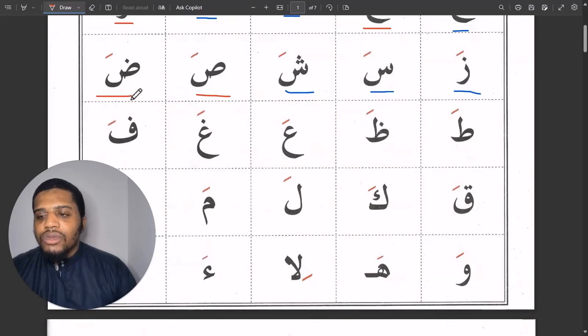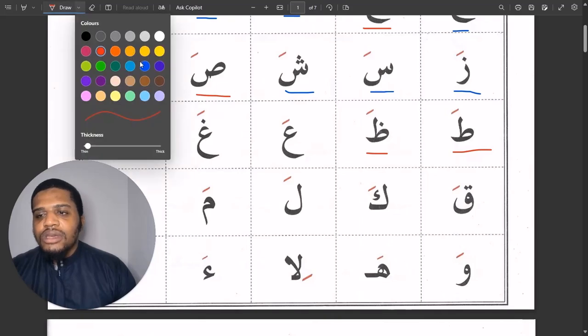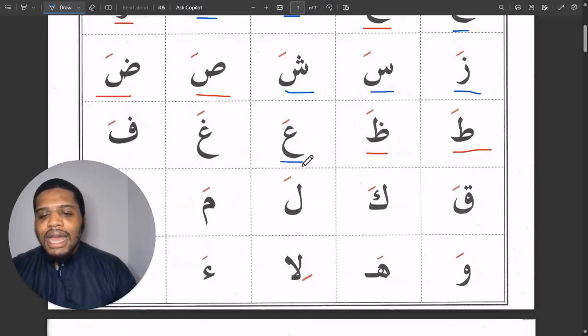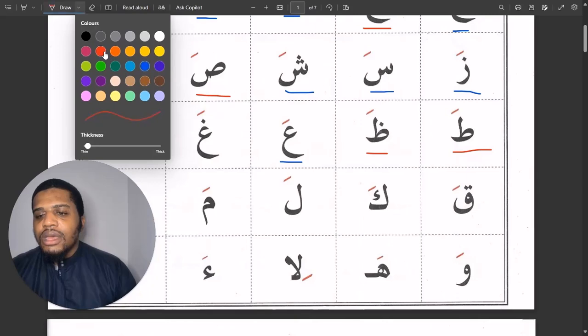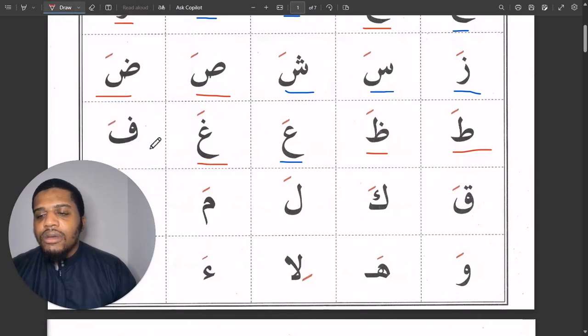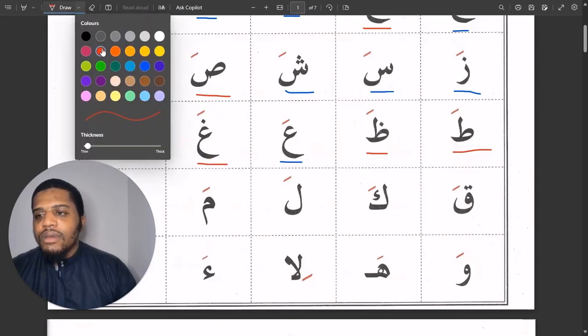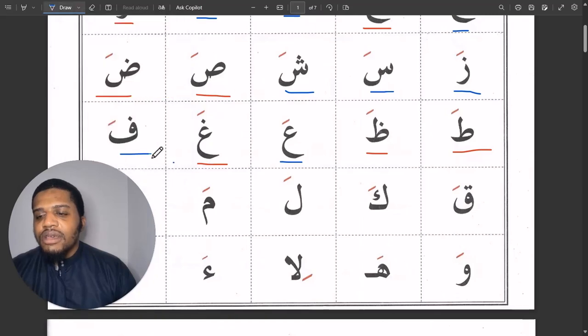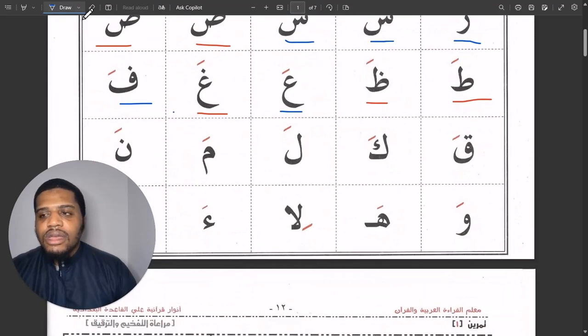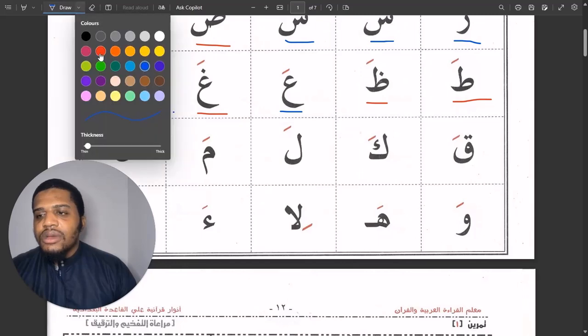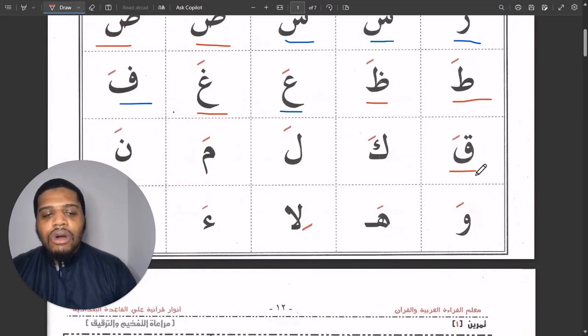Sa, da, ta, za, then back to weak. A. Ra, and then back to weak. Fa, and then we have another strong letter, which is the last strong letter, qa.